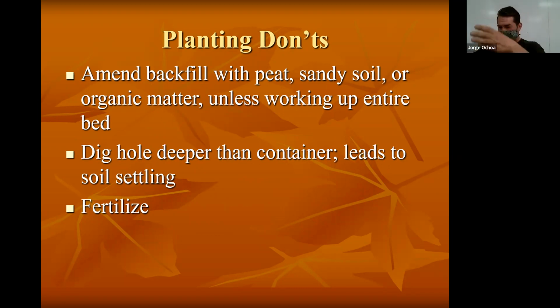Then the hole should be as wide as the root ball. Then the berm goes around the outside, so that when you water, the water is going to go into the root ball and then through the root ball and into the soil. But you have to make sure that the berm doesn't collapse inside and put soil on top of the root ball.